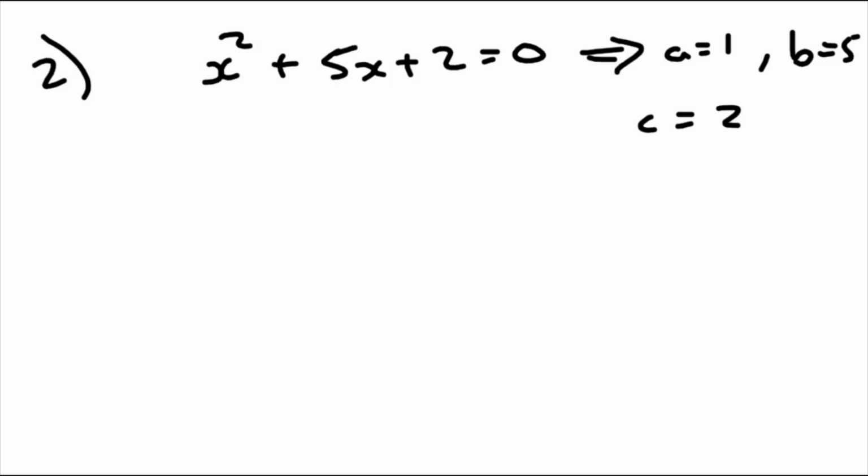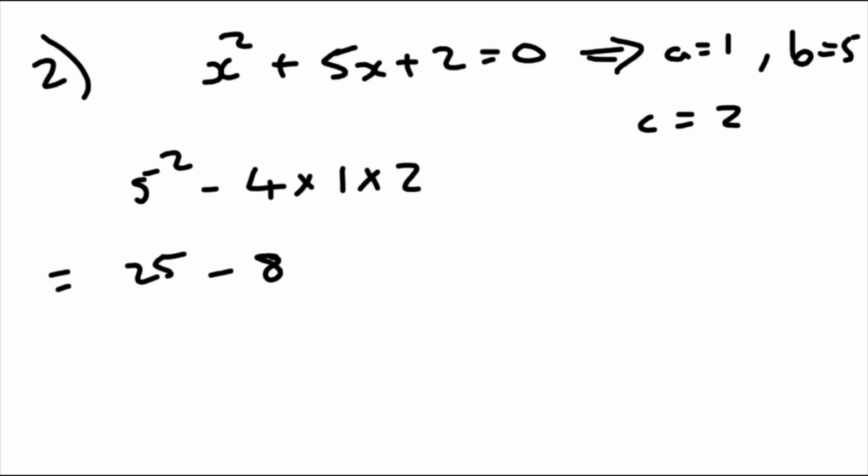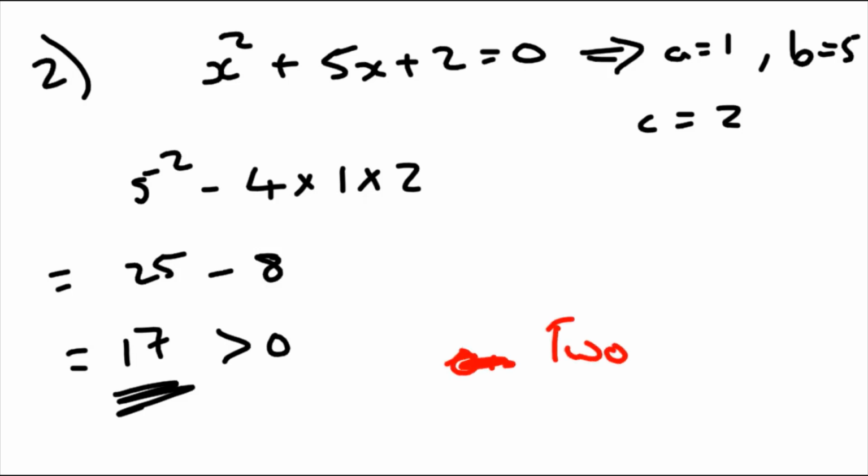We're using the discriminant, so we can have b squared, which is 5 squared, minus 4 lots of a, which is 1, times c, which is 2. 5 squared is 25. Take away 4 times 1 times 2, which is 8, equals 17. This is greater than 0, so we're going to see that this has two solutions.